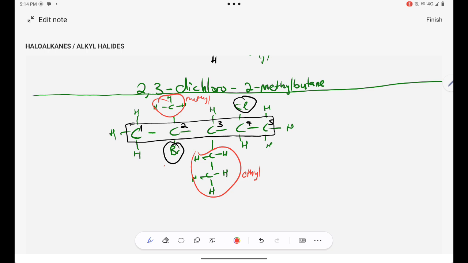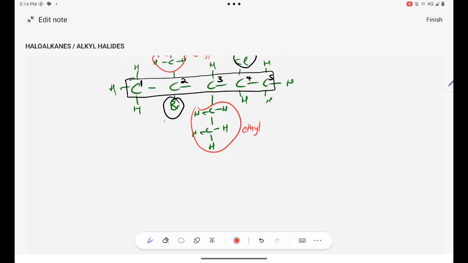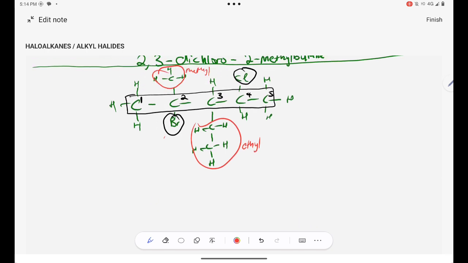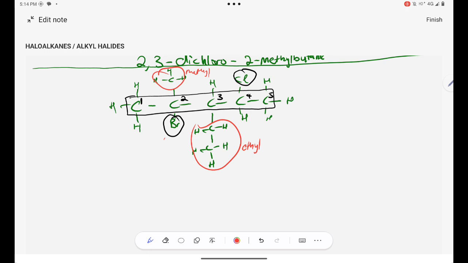Are we together? So whenever I write down the IUPAC name of this haloalkane, I will simply say this will be 2-bromo. I'm mentioning bromo first because I'm mentioning these additions in an alphabetical order.